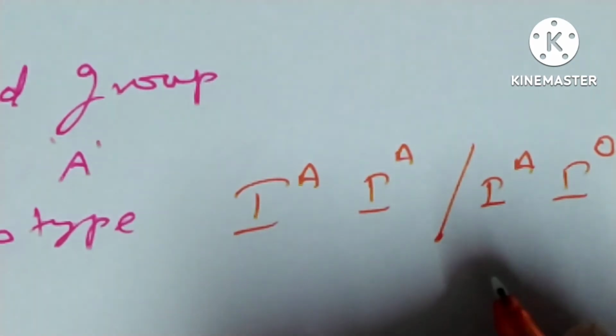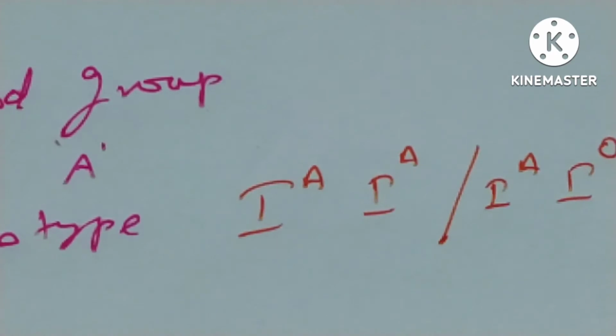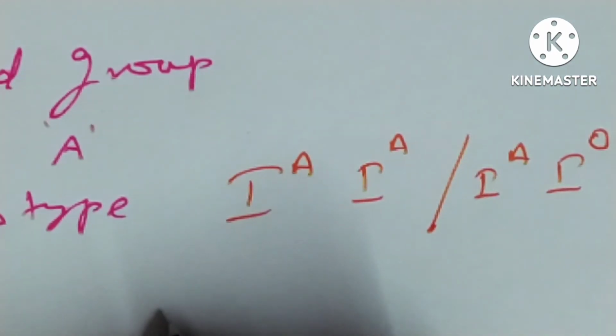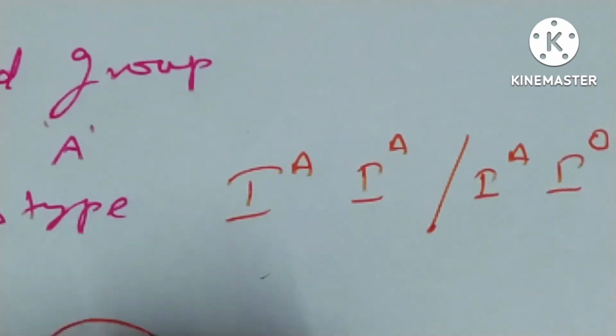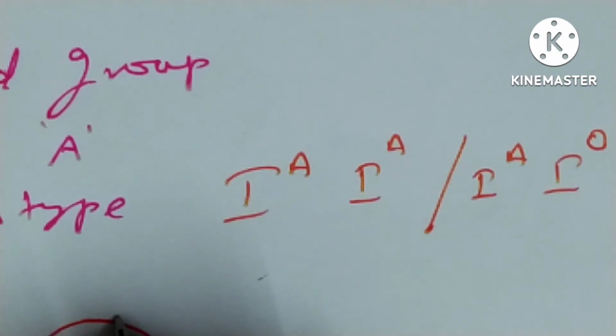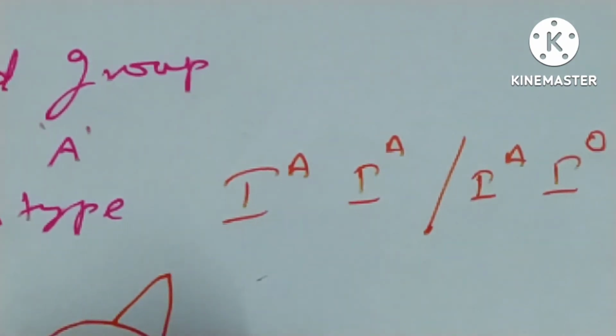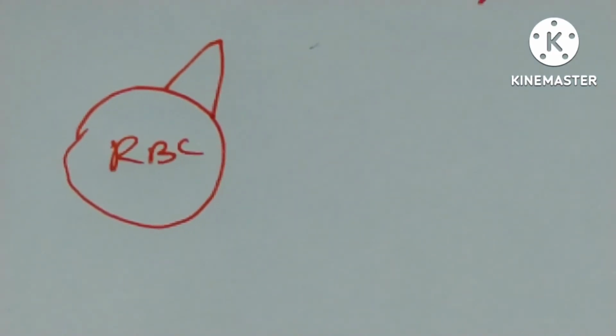As already discussed, based on the presence of antigen and antibody, for blood group A, the antigen is present on the surface of the RBC. This is the RBC, and on the surface you see the antigen, which is a proteinous part.